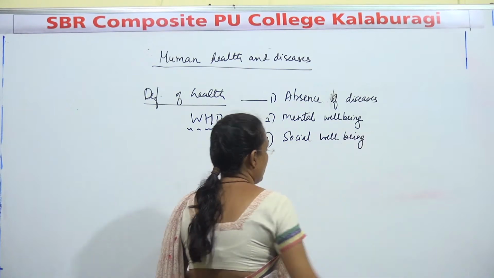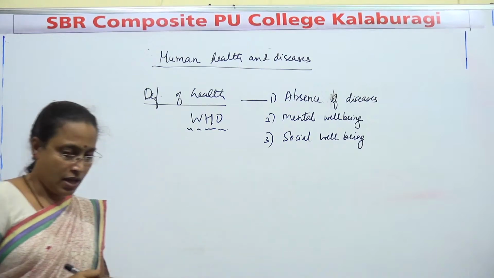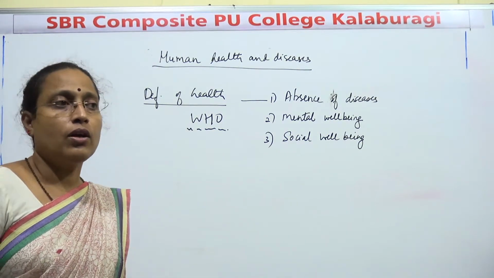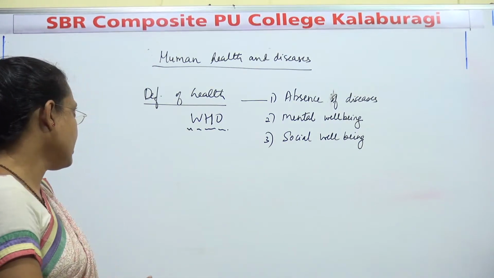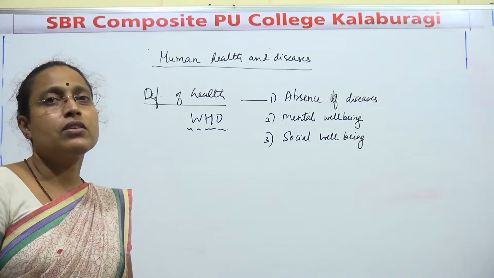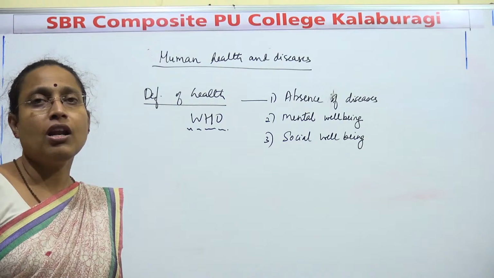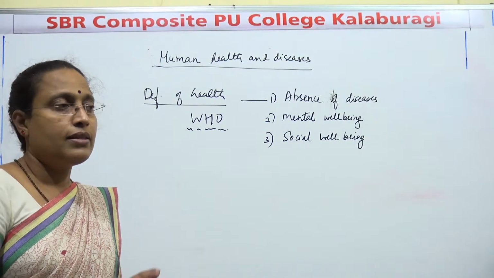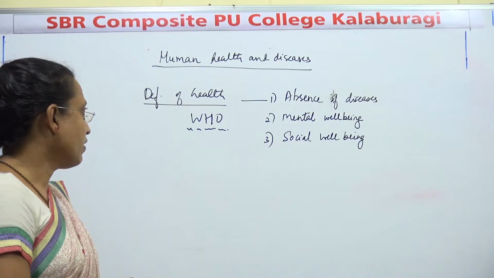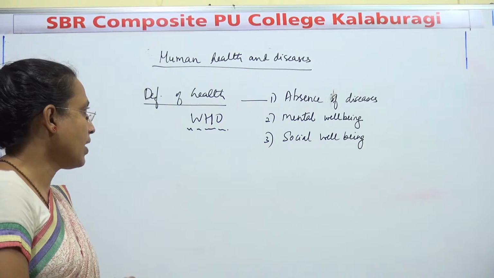So, all 3 points together in a single definition: health is defined as absence of diseases along with mental and social well-being. And this is the definition given by the World Health Organization.